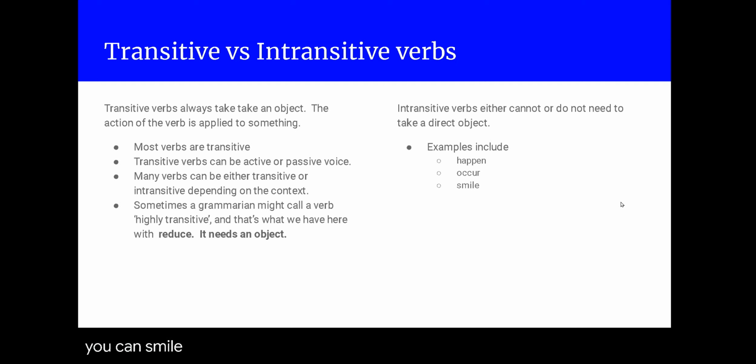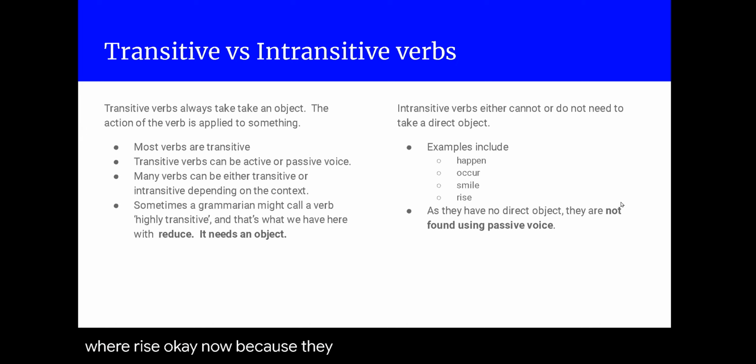Now you can smile at someone, but you're not smiling someone. Smile at tells you where. Rise. Okay. Now, because they have no direct object, they are not found in the passive voice. Nothing is happened. Nothing was occurred.